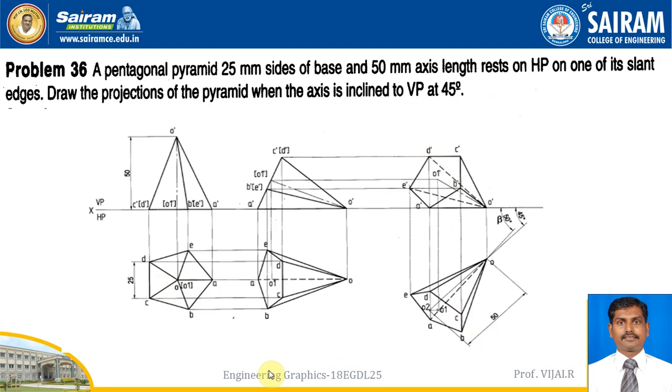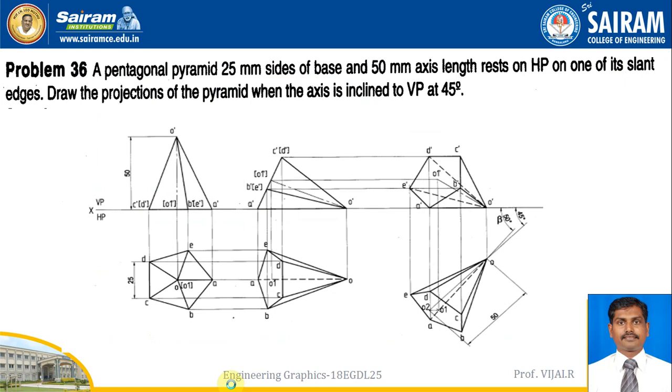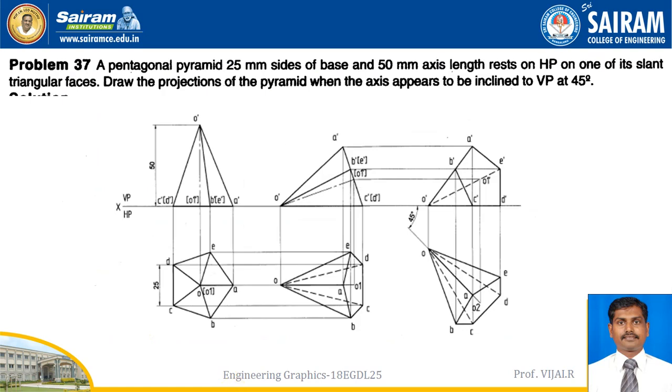Now let me see how a triangular face will be. Normally we will keep it like this. If it is a triangular position, we can do it. The next problem, 37: a pentagonal pyramid, 25 mm side and 50 mm axis length, rests on HP on one of its slant triangular faces.